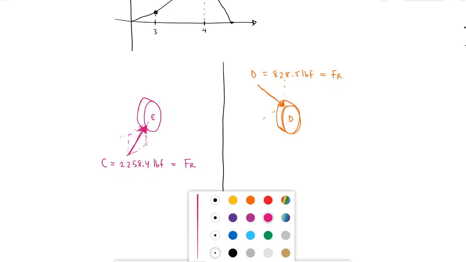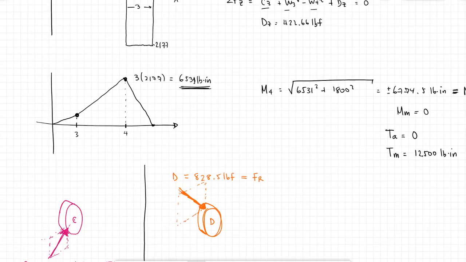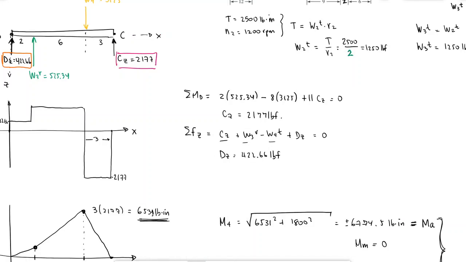Same with the other one. There was a component in the Y and a component in the Z, and that's why we have this vector coming in towards the center of the bearing, and that's why it's also a radial force.